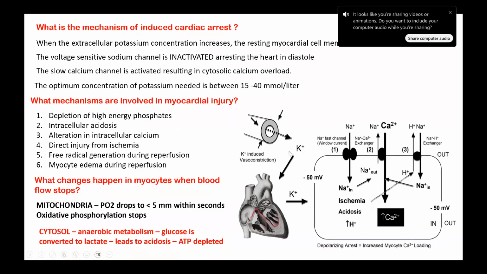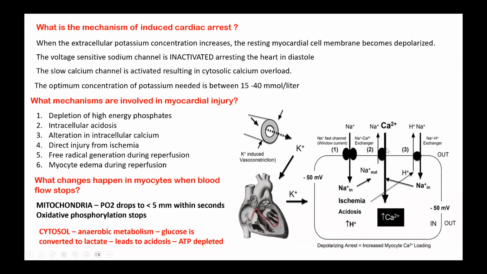Extracellularly you give high potassium, and that causes the alteration in the resting membrane potential, and it blocks the sodium channel, activates the calcium channel for more calcium to come inside. When more calcium gets inside, this exchanger also helps to close the hydrogen ion and sodium ion exchanger. So all this results in a depolarizing arrest of the heart, leading to standstill of the heart.